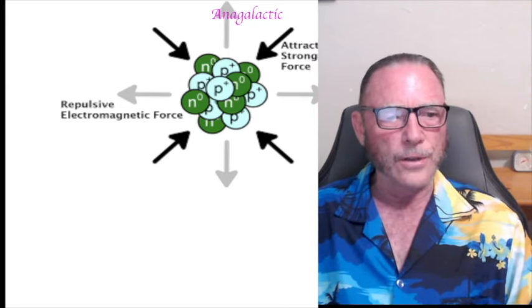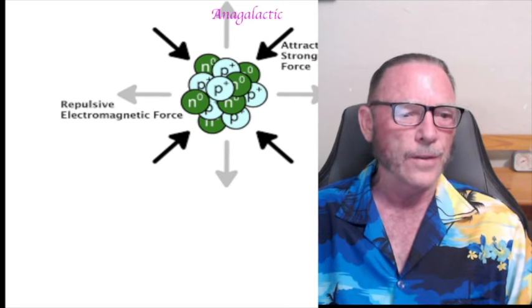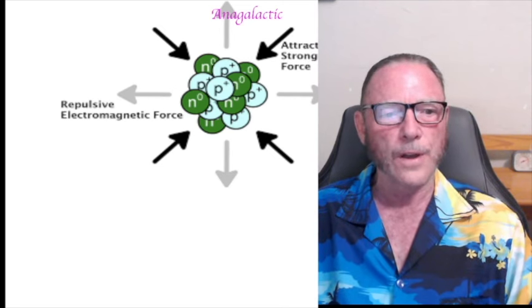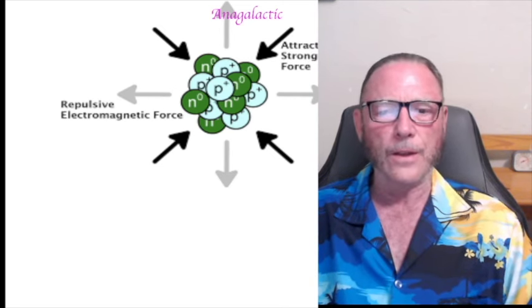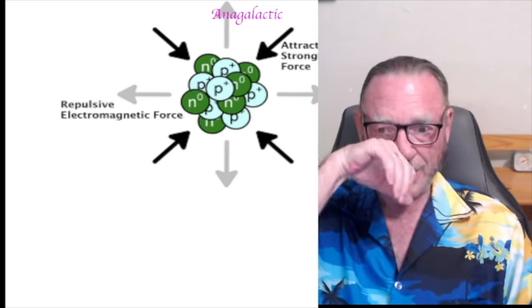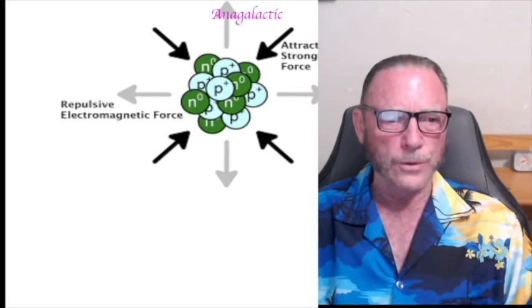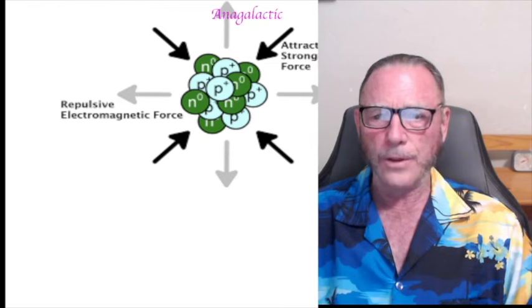Now, essentially, you can eliminate from this picture everything in the center except for one proton, and then everything else still makes the same amount of sense, which is just 2 labels. A series of arrows pointing in, labeled attractive, strong, nuclear force.